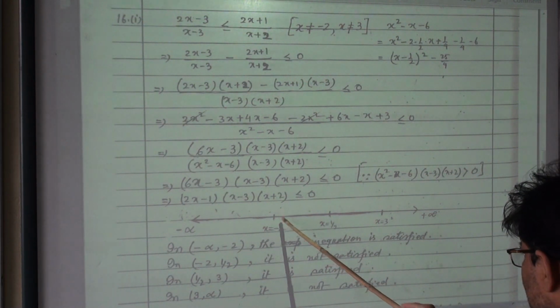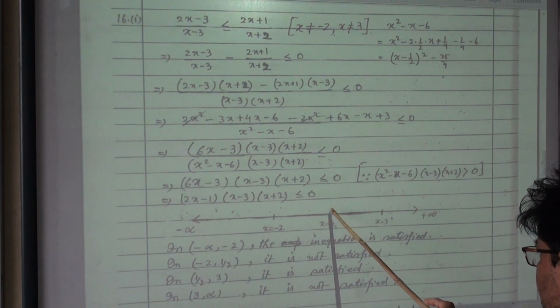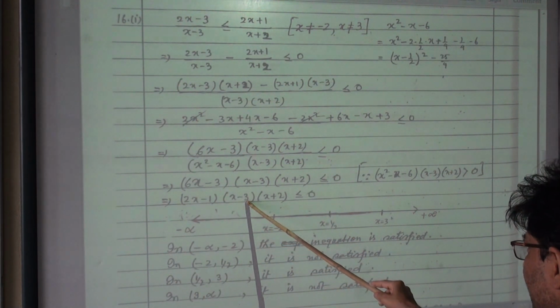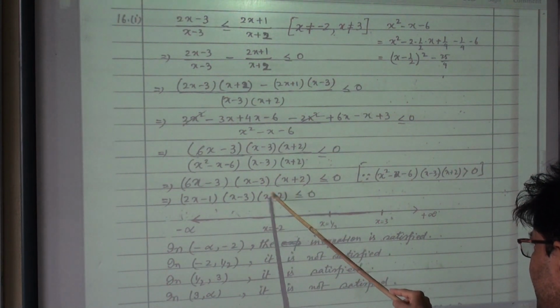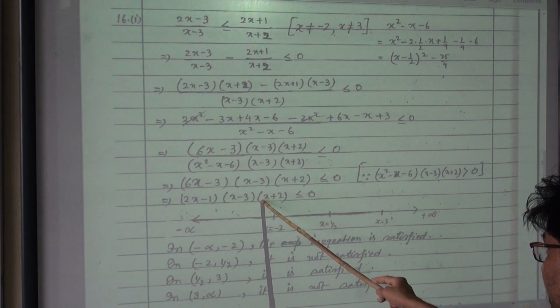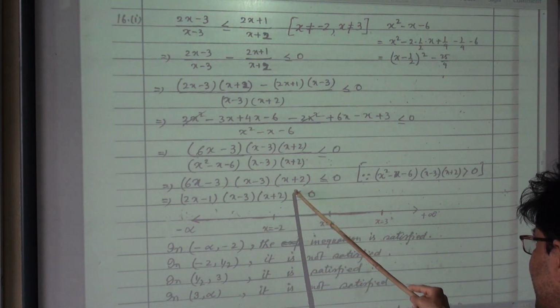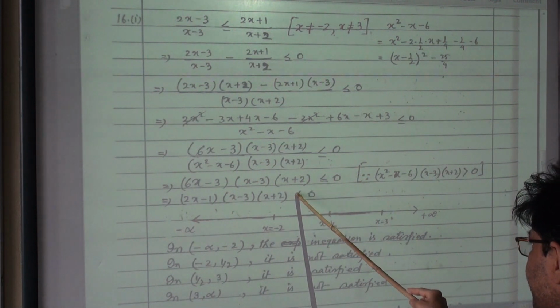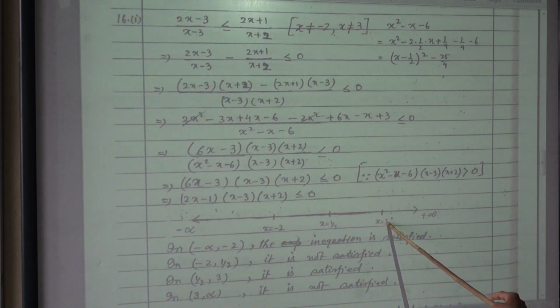In between minus 2 and half, let us consider 0. If we consider 0, how much do you get? Minus 1 into minus 3 into 2 is coming positive, so it is not satisfied. A positive quantity is not less than or equal to 0. So any value in between does not satisfy this inequation. Now the next interval, half to 3, suppose 1.